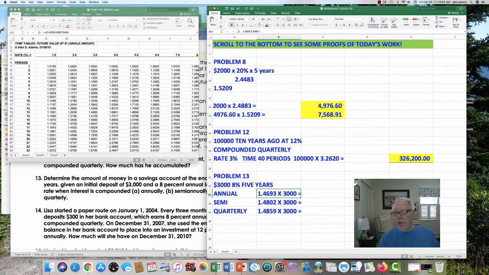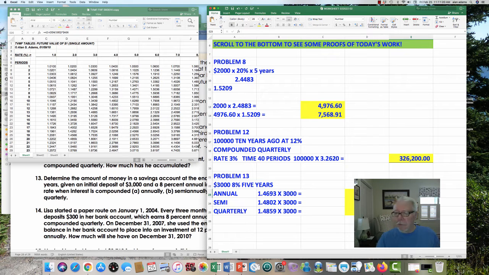Once you get used to this, friends, I challenge you to tell me this is difficult. So in all 3 cases, I'm going to take the factor I looked up on table number 1 and place it here. 3,000 times 1.4802, and finally 3,000 times 1.4859. You should be saying to yourself by now, hey, this guy's fast. Yeah, but I've been doing this a lot of years.